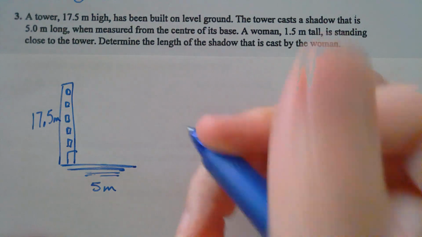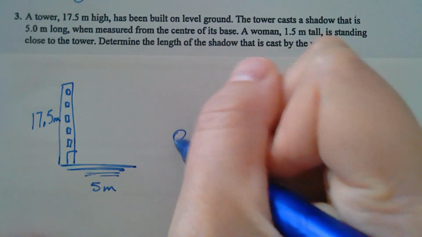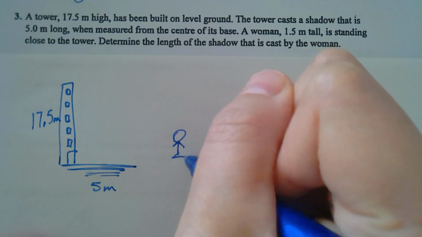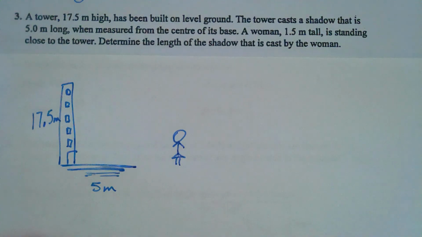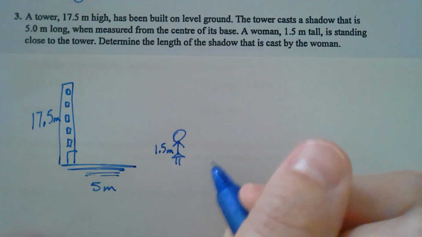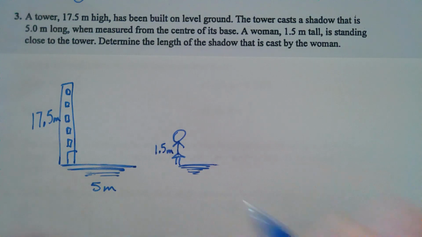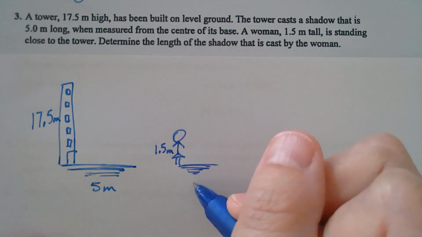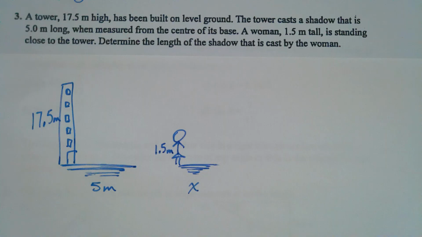Okay, on the other hand, a woman. Okay, she is 1.5 meters tall. And she is making a small little shadow as well. Okay, and I want to find out x.